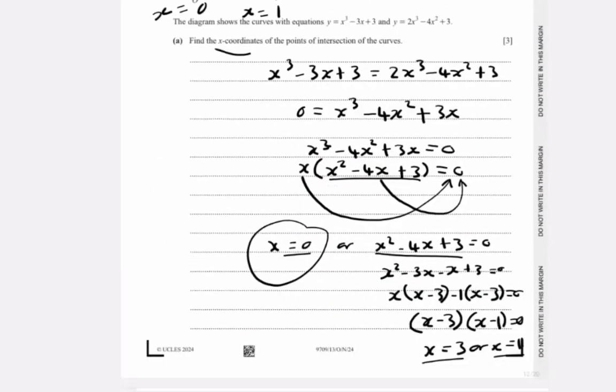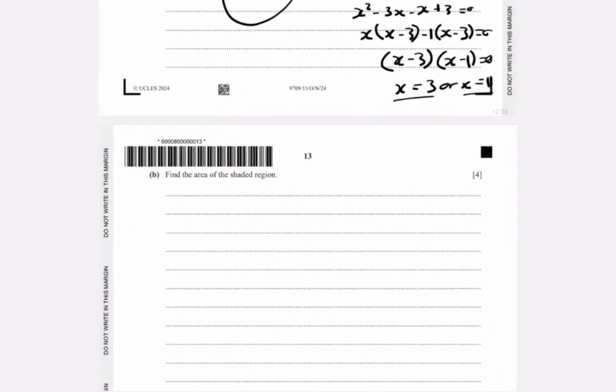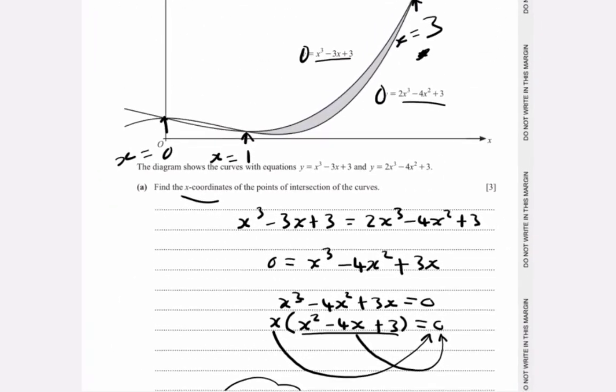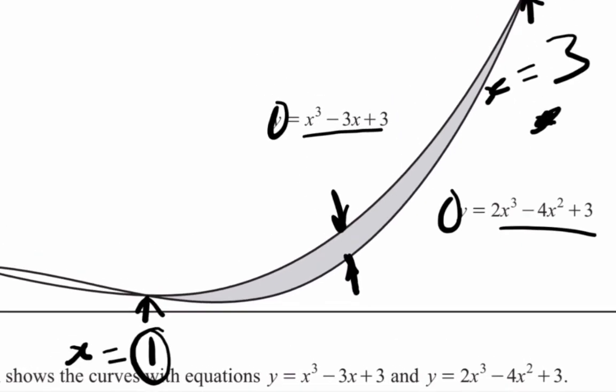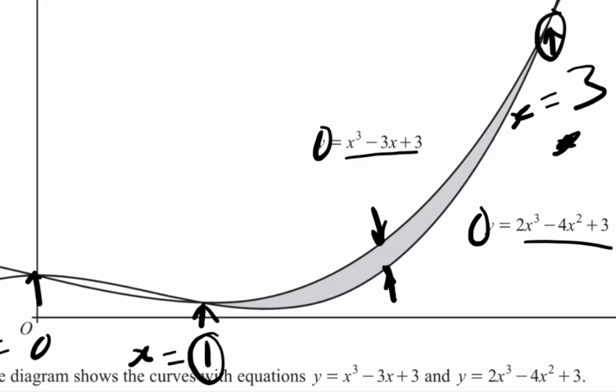For part B, it says find the area of the shaded region. That's the area between two curves, and we know for that we use integration. So we say the integral of the one above minus the integral of the one below, using these x values as limits, because we're only considering this region.